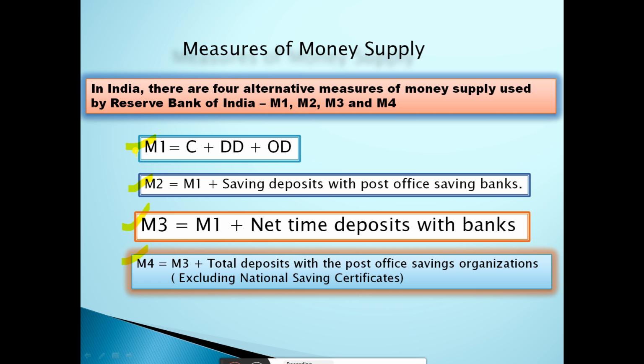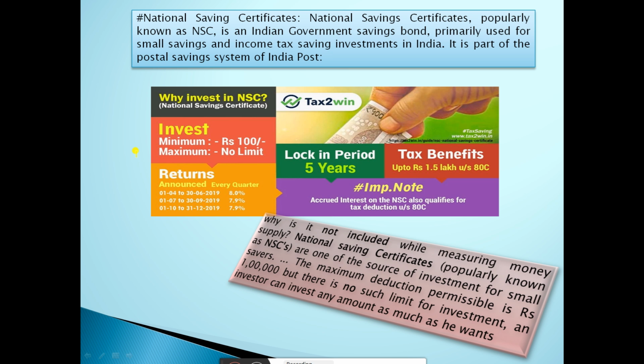Here in M4, one thing is given: excluding National Saving Certificates. So what is excluded? National Saving Certificate, also known as NSC, is an Indian government saving bond primarily used for small savings and income tax saving investment in India, and it is a part of the postal saving system of the Indian Post.